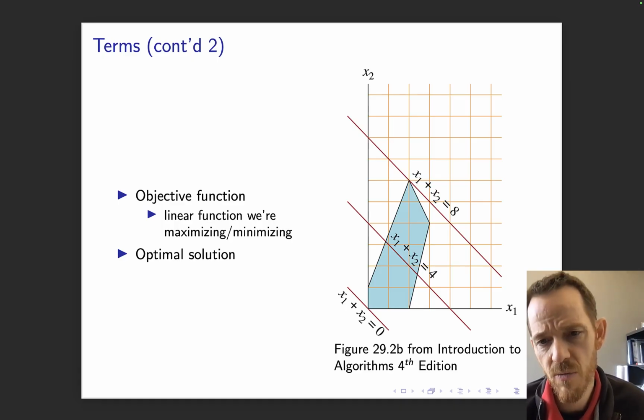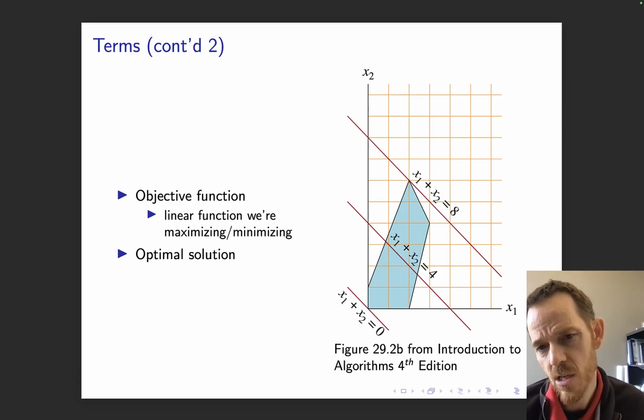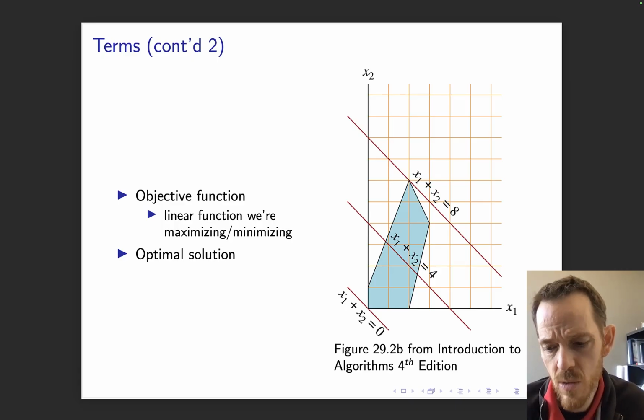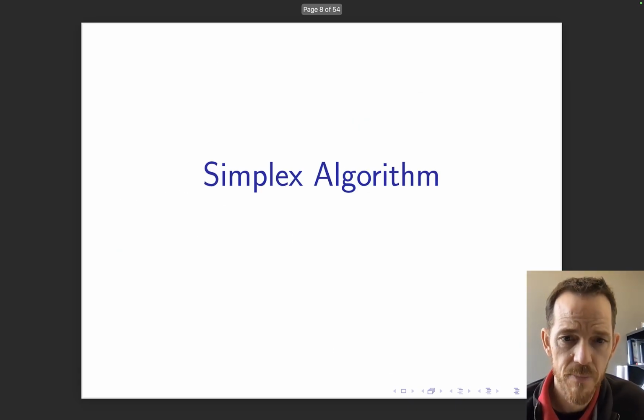Here, the objective function is x sub 1 plus x sub 2, and we're trying to maximize that. So when that equals 8, that has the largest value that is in the region here. And so that's a 2D demonstration of what we're about and what we're trying to accomplish.